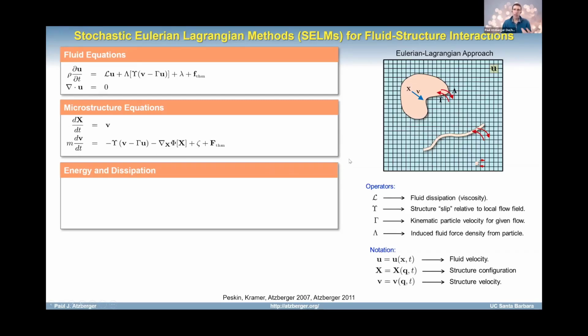Okay, so to leverage the concepts that I introduced related to statistical mechanics and stochastic analysis, we basically have to figure out what the energy of our system is, because that's ultimately going to govern the equilibrium fluctuations, and that's what I'm doing here. The energy of the system is primarily the kinetic energy of the fluid, that's the first term here, the kinetic energy of the microstructure, that's the second term here, and then the potential energy of the microstructure.